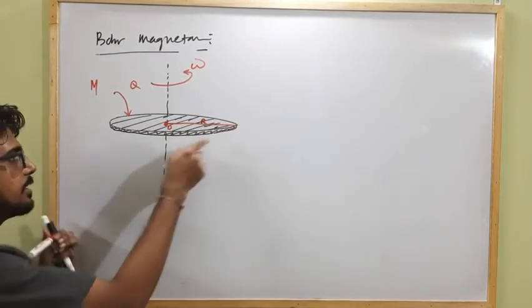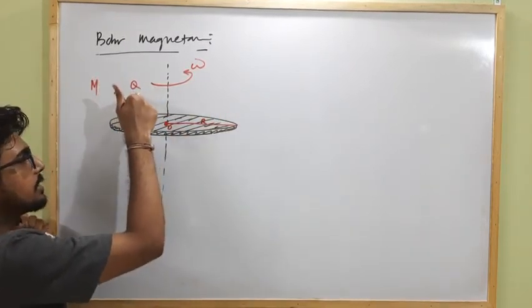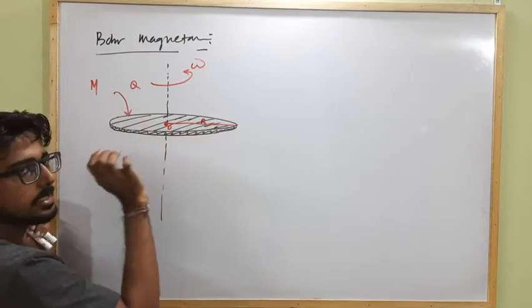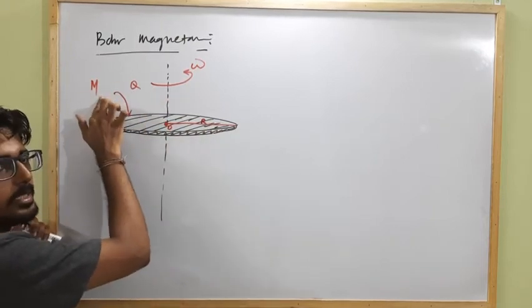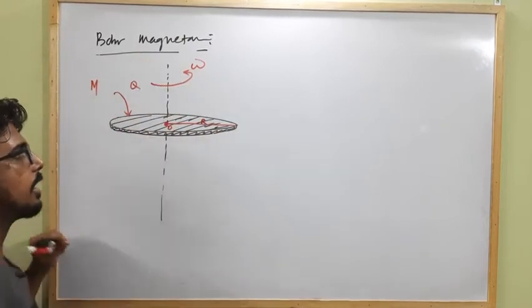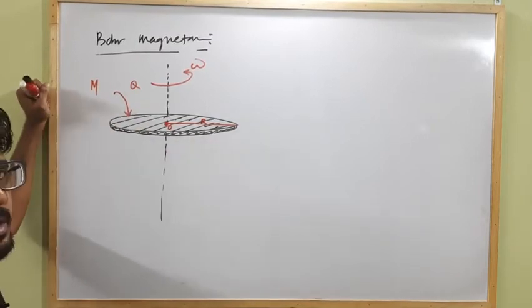So it is a disk of radius R whose total charge spread over the disk is Q, and mass of the disk is M, revolving around the axis with angular velocity omega.